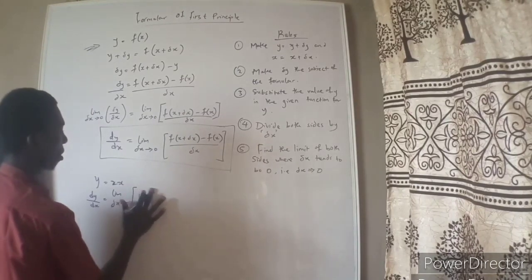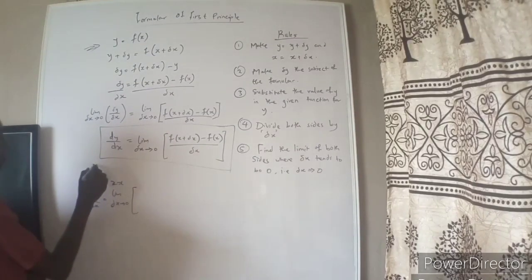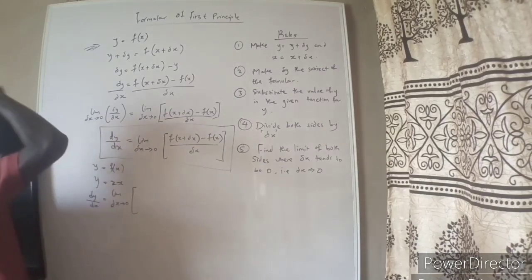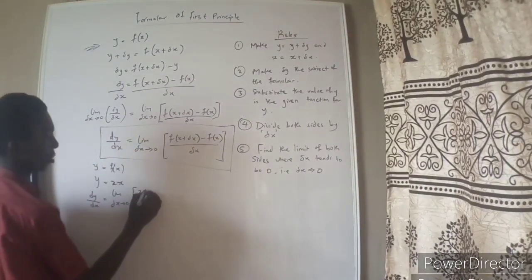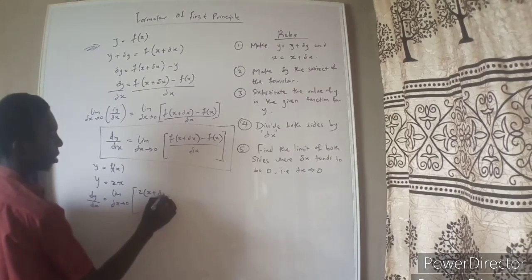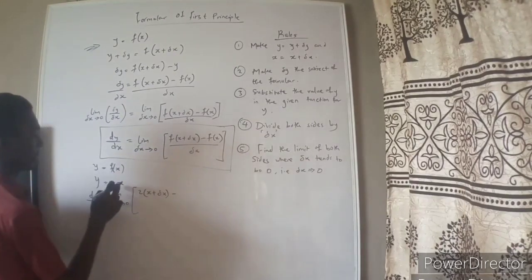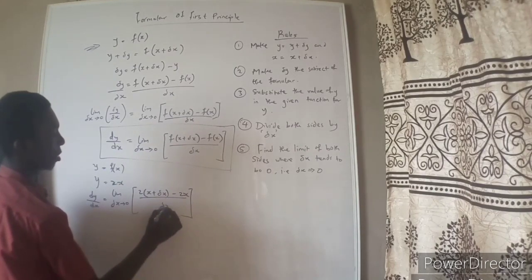Now, my function originally, my y, is equal to f of x, isn't it? So now, my function here, I have x plus delta x, so we're having 2 into bracket x plus delta x. I don't know if you are getting me. Then minus f of x, which is 2x here, divided by delta x.